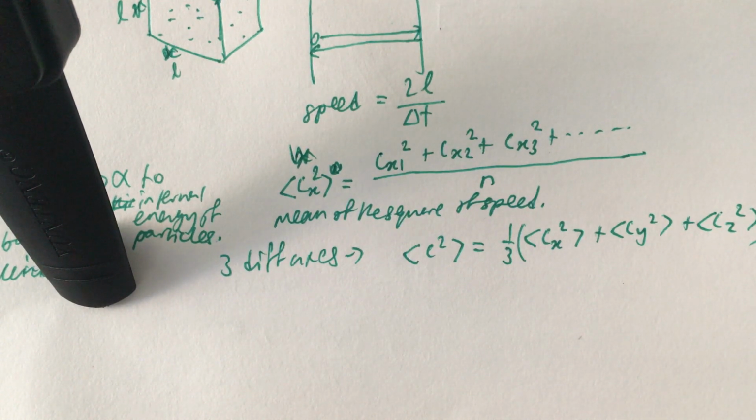And if you want to get the speed, you just square root this c squared.